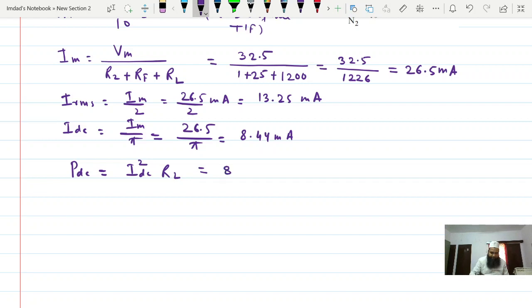I DC is 8.44 milli, can be written as 10 to the power minus 3, this whole square into RL, 1.2 into 10 to the power 3. This can be calculated as 85.48 milliwatt.